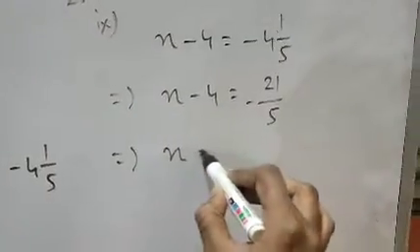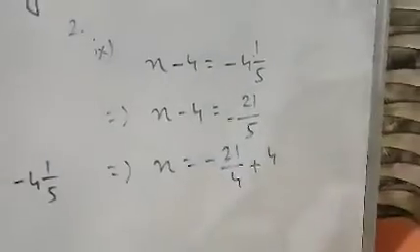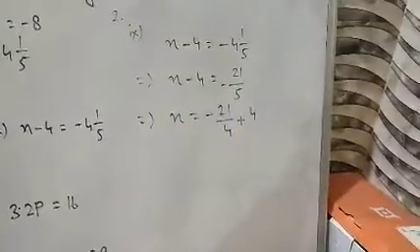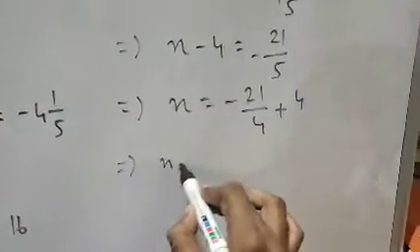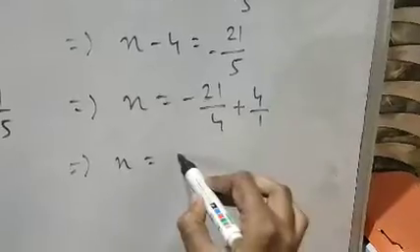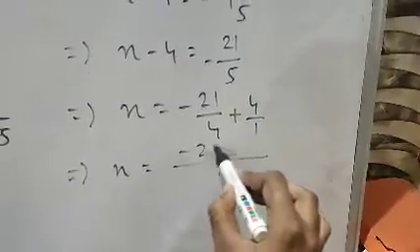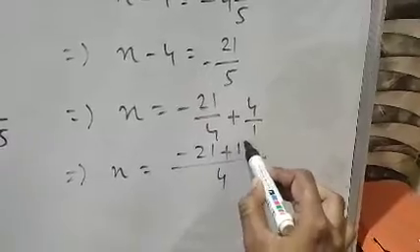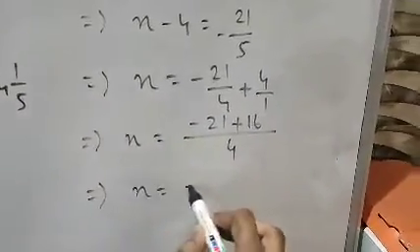Now transfer this minus 4, it will get plus 4. Sign is automatically reversed. Now LCM: n equals to, consider 4 as 4 by 1, LCM of 5 and 1 is 5.